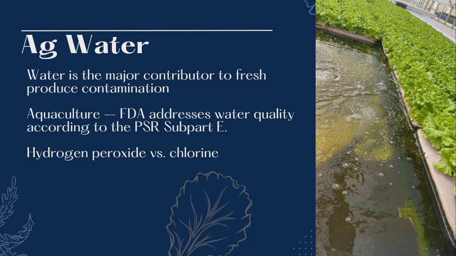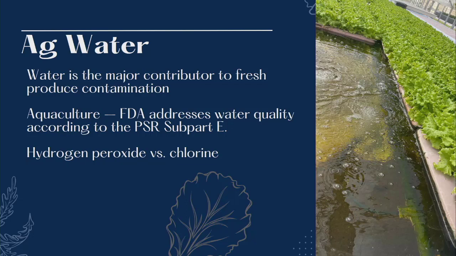They address the water used for aquaculture with the same water quality standards as in the PSR Subpart E, which is currently proposed and pending finalization. So they consider the water used in aquaponics that is recirculated in the system to be the same quality as surface water.